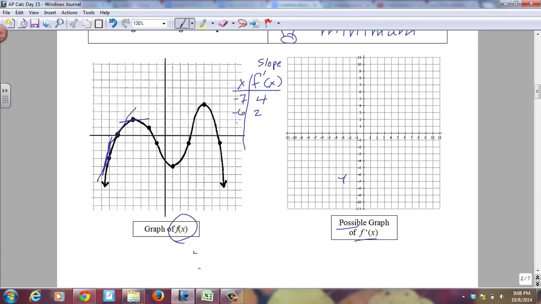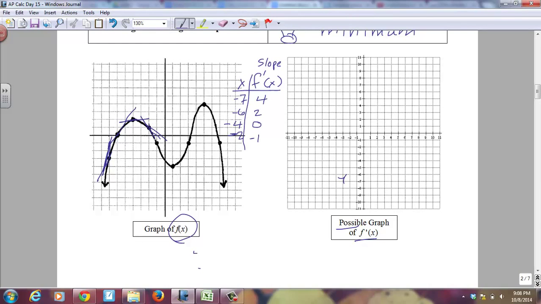And so that's at 1, 2, 3, 4. And we get the slope of the tangent is 0. And then over here, not a very straight line, but I'm thinking that looks to be about 1. And that was at negative 2, and that looked to be about negative 1.